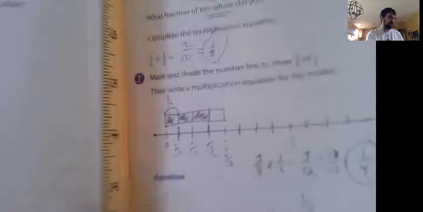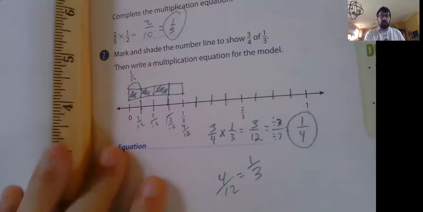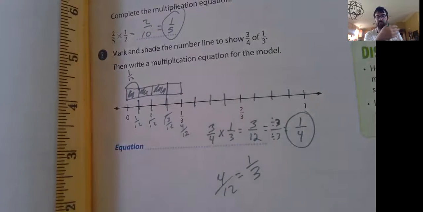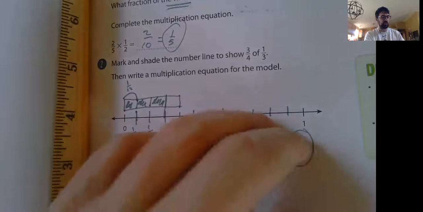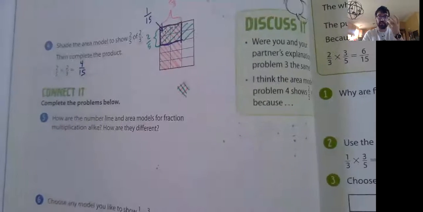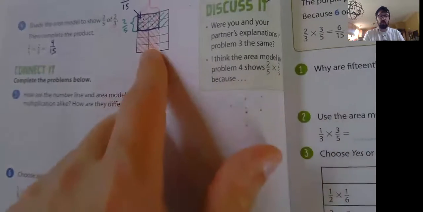Now, how are they different? Well, there are multiple things we can look at as how they're different. Number one, the number line can actually go further, which we can break apart. It makes it a lot easier to see. Where the area model gets a little bit trickier, this way is really nice because it shows just a given fraction of a fraction, that section of it, which is really, really nice. They also vary in a lot of different ways.